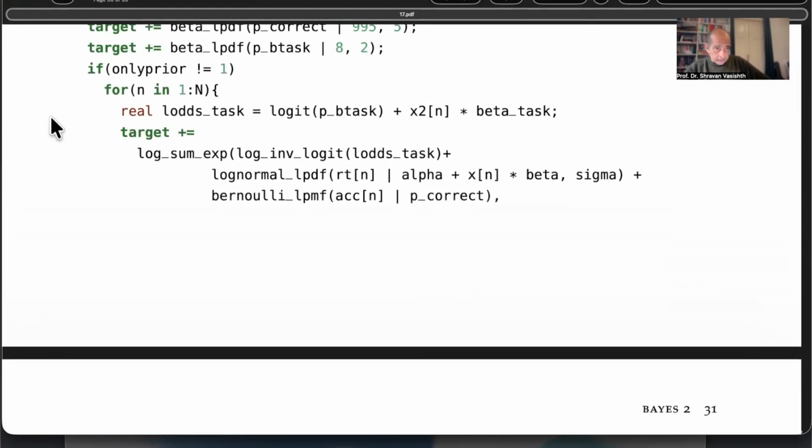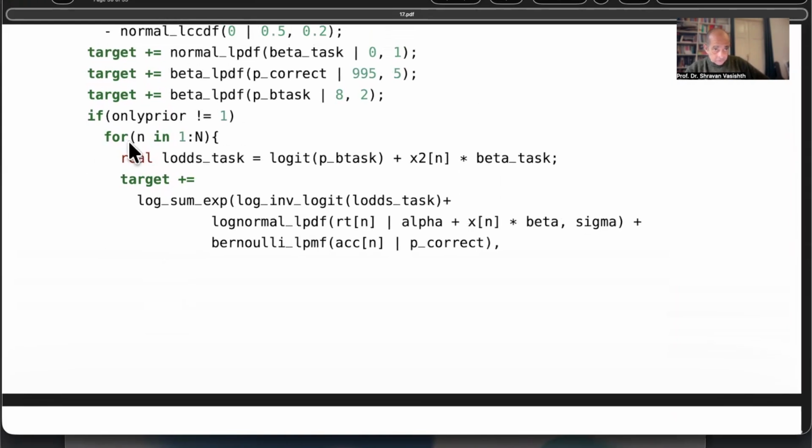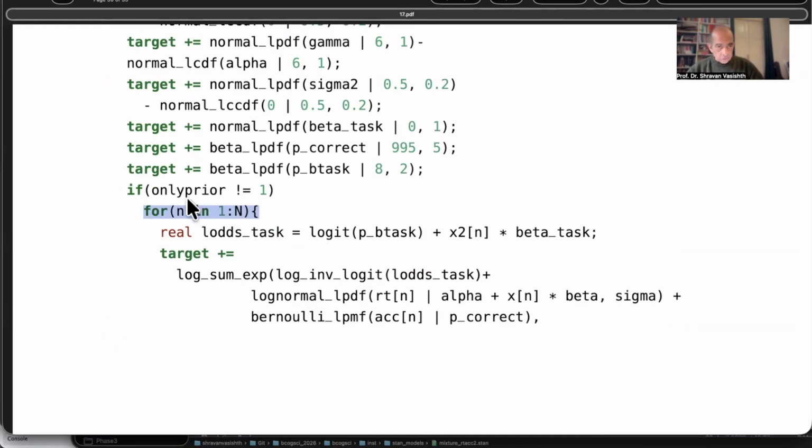So this whole thing represents the model, starting from this for loop and ending in this for loop here. So if only prior is not equal to 1, that means if it's equal to 0, then this will be true, and that's when this code will be triggered.